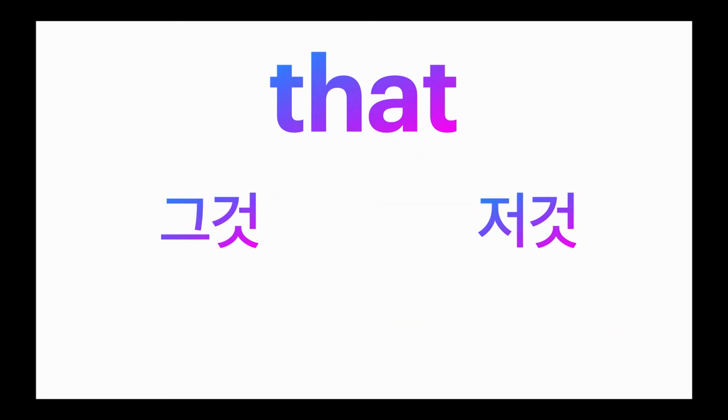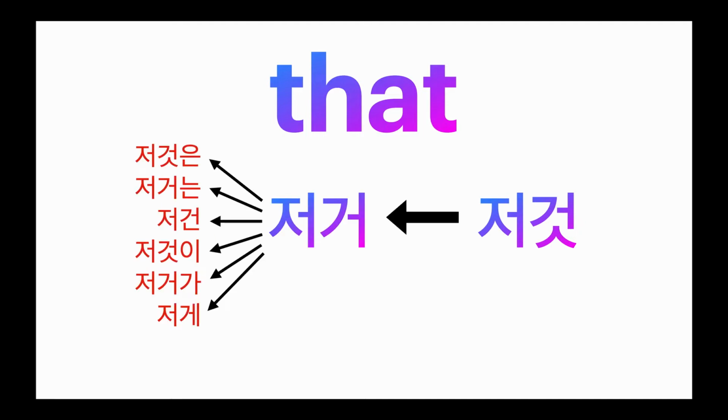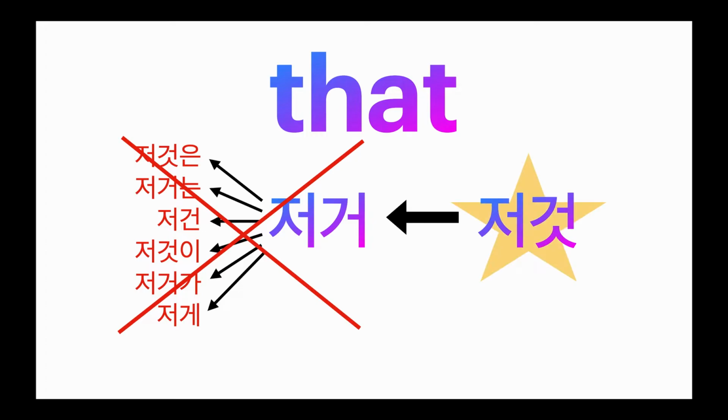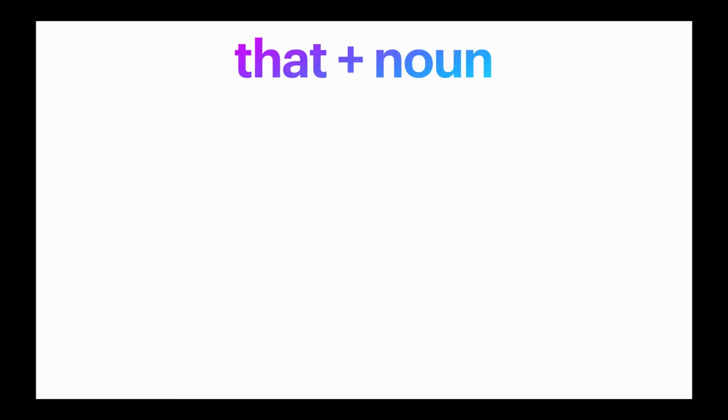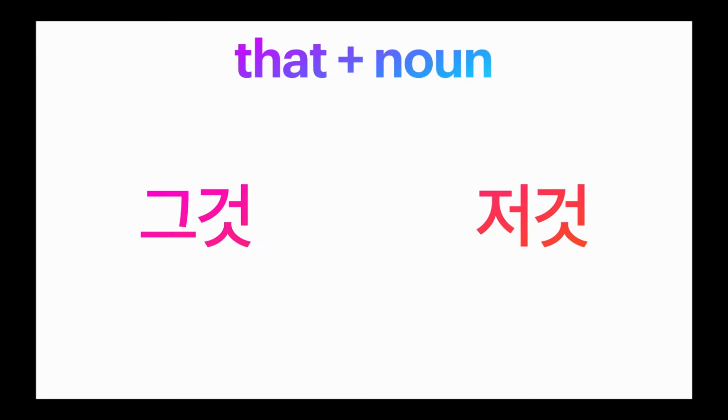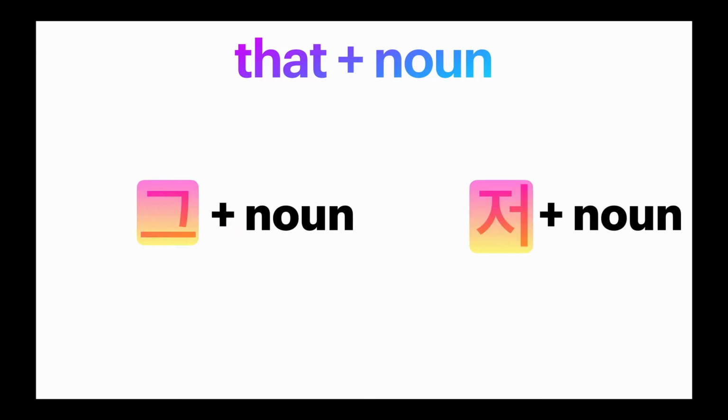Similarly, 저것 is very often abbreviated to 저거 and also has a whole set of combinations just with these two particles here. So we're going to ignore these for today and today only and focus on just 저것. Now, just like this plus a noun, that plus a noun, we take 그것 and 저것, just the first part of it, and we make a space plus a noun, so we end up with just 그 and 저.